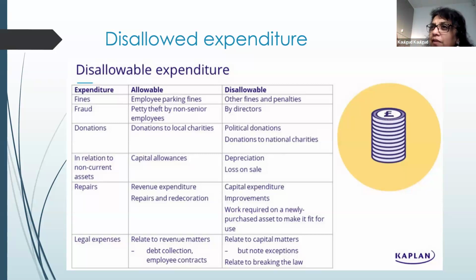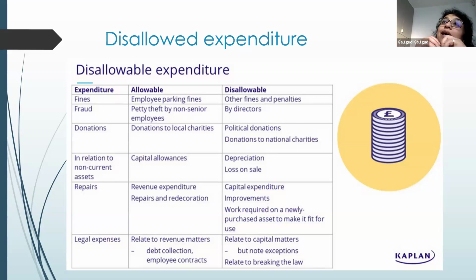It's not a literal loss in the value of the asset, it is a notional loss in the value of an asset which you charge. Also, the second reason is it is a non-cash expenditure. You don't really lose any money, there is no money sitting on the side. So that is why depreciation is a disallowed expenditure.